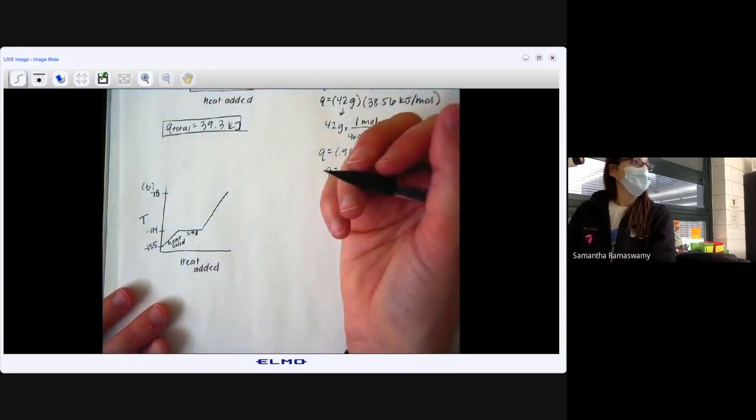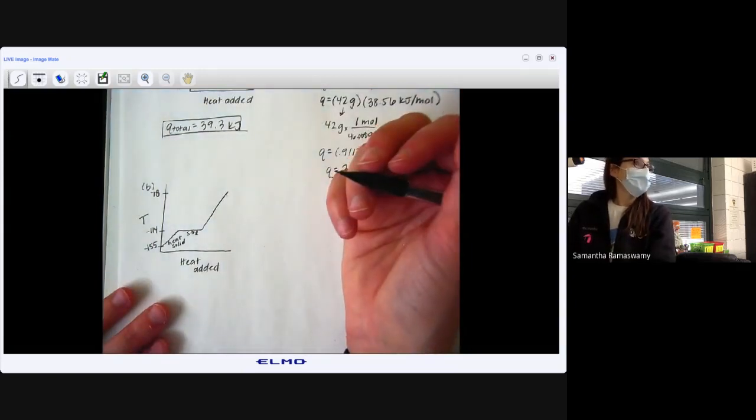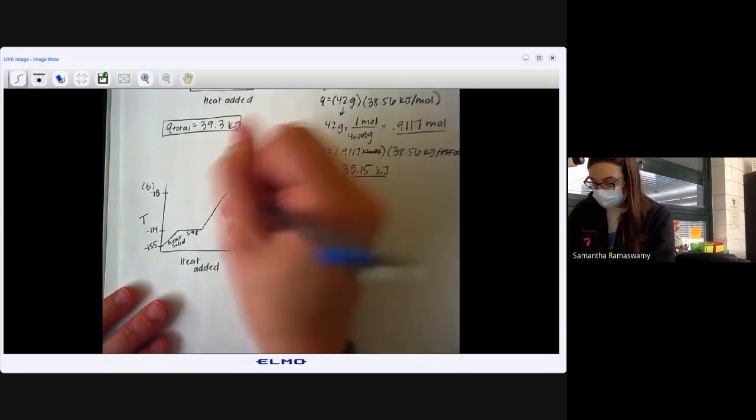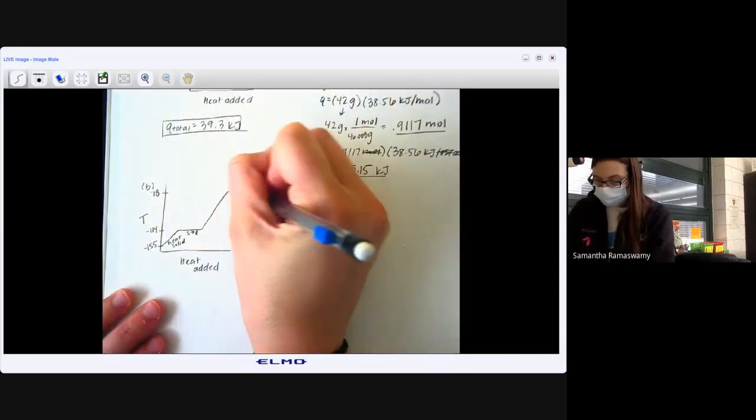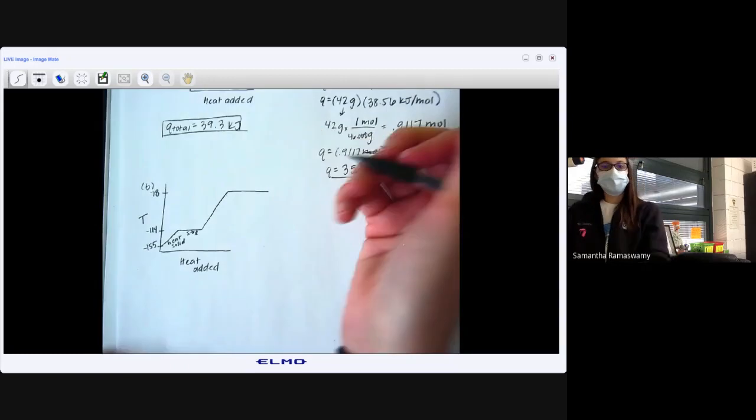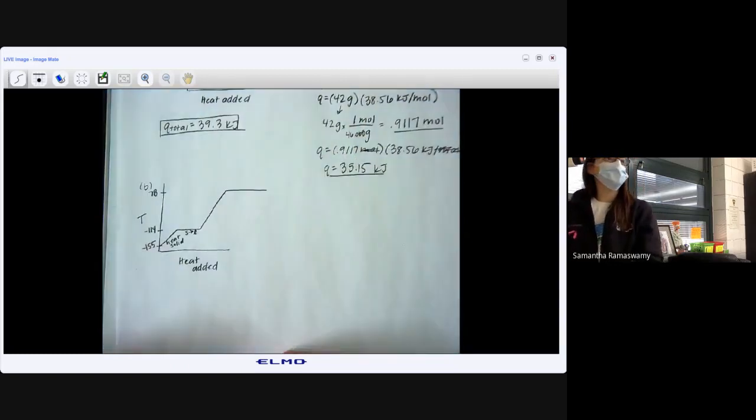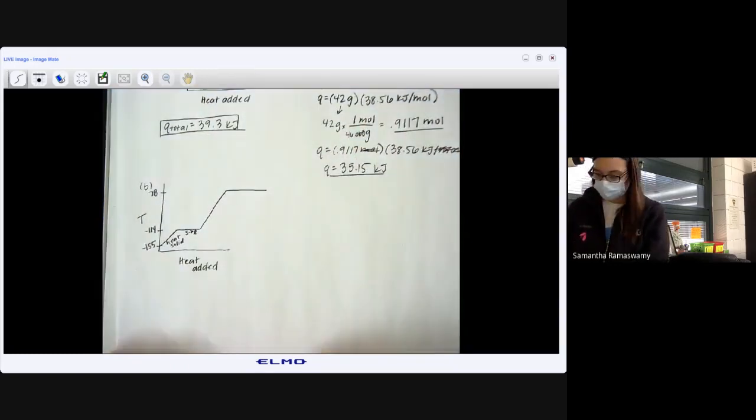Then once we've sped up the molecules enough, they have enough kinetic energy, it's going to start to vaporize, boil.